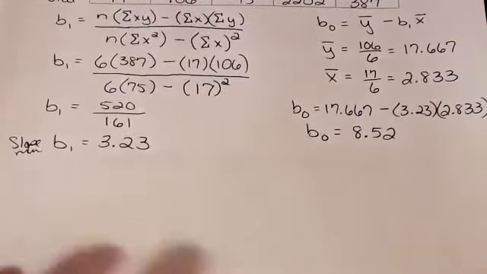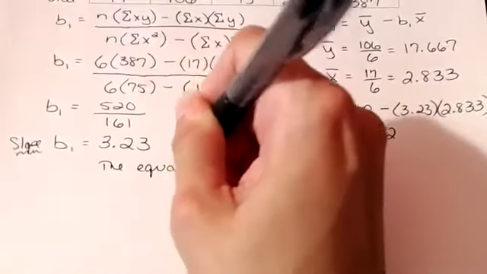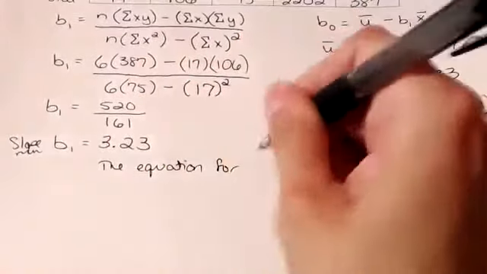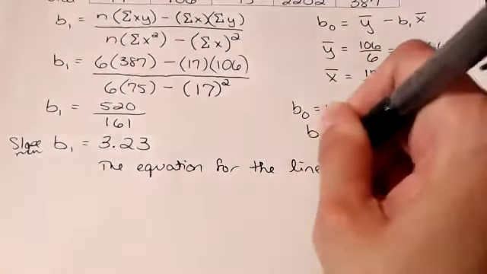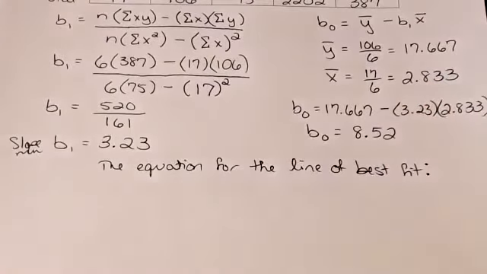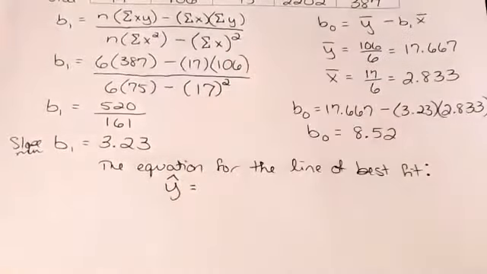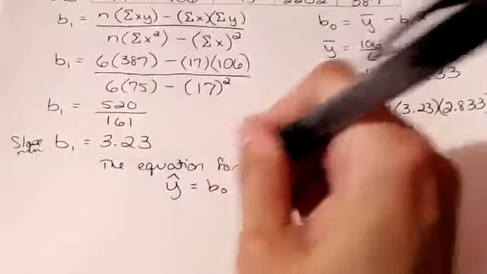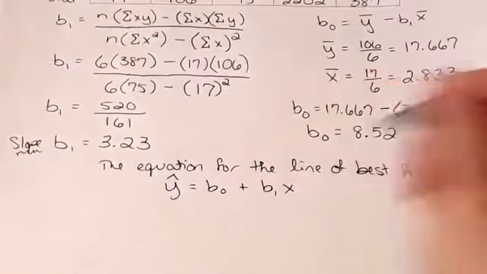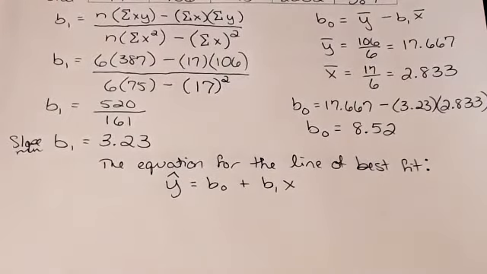The last thing we have to do is actually write the equation. So the equation for the line of best fit is y hat is equal to B sub 0 plus B sub 1 x. Now remember, the only values you're going to plug in are your B sub 0, which is your y-intercept, and your B sub 1, which is your slope.